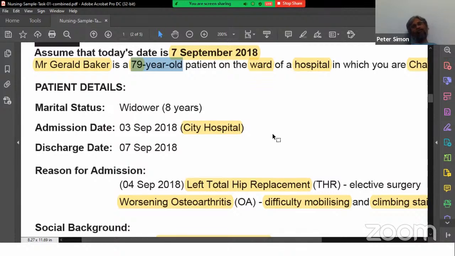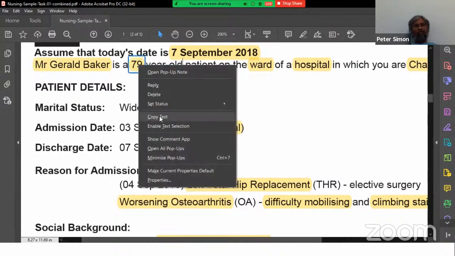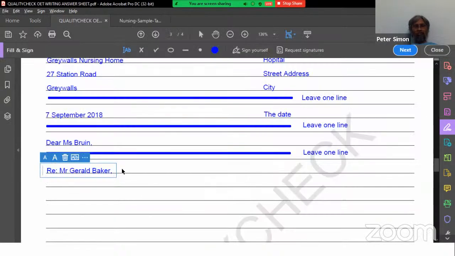Now here, 79. So you write age. So aged 79. That's it. Then next.